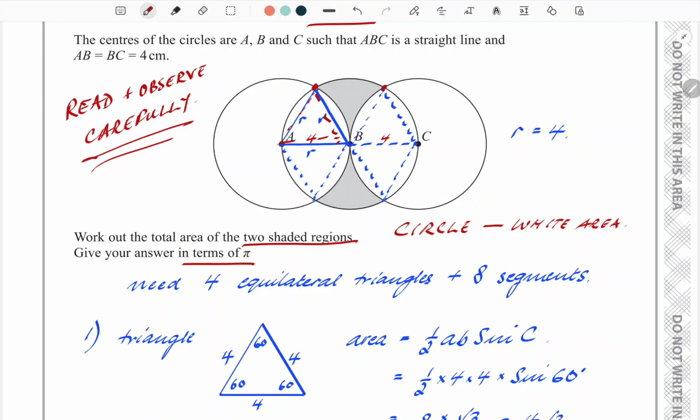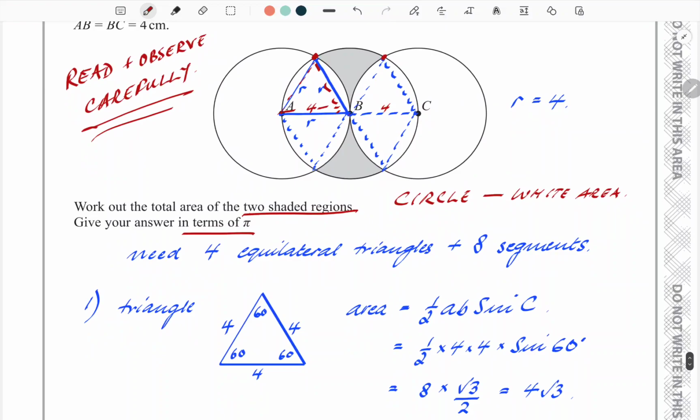So the gray bit is what's left over when you take those 2 areas away from the full circle.